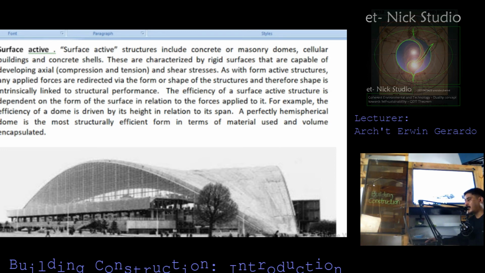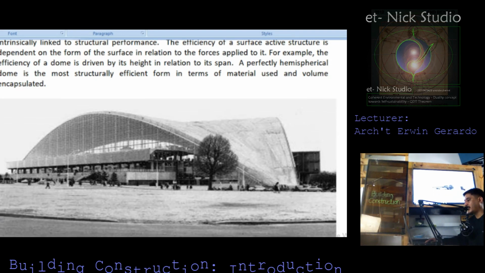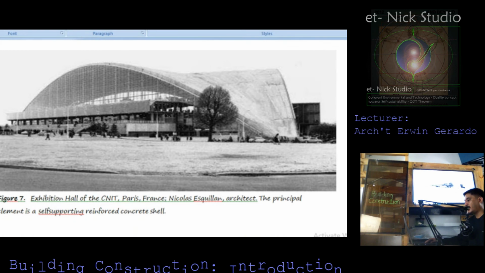So this is another example of the surface active form structure, which is the exhibition hall of the CNIT, found in Paris, France. The architect here is Nicolas Esquillan. The principal element is a self-supporting reinforced concrete shell.